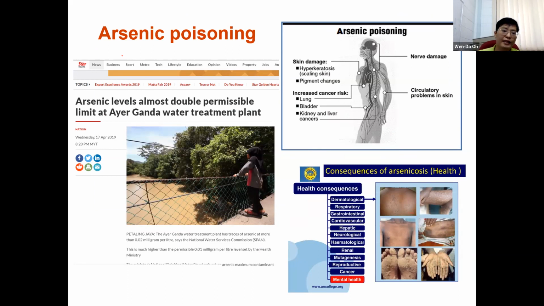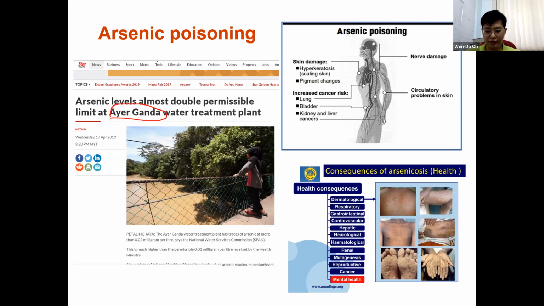Right, so in one case in Malaysia, we studied the arsenic level in this area, Air Ganda, in 2019. It's quite recent also, and we actually found that the arsenic level is double the permissible limit.